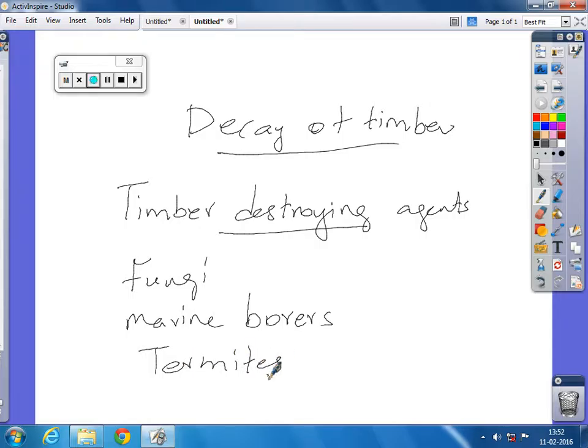So what will happen if these destroying agents get into the timber? It will start destroying what? The timber. How does that happen? Okay, how does fungi grow inside the timber? Moisture. What about marine borers?